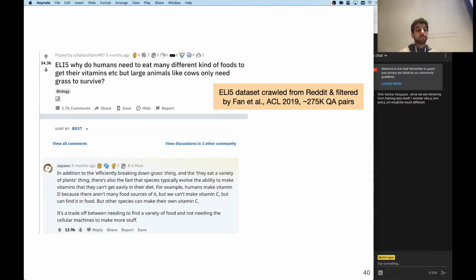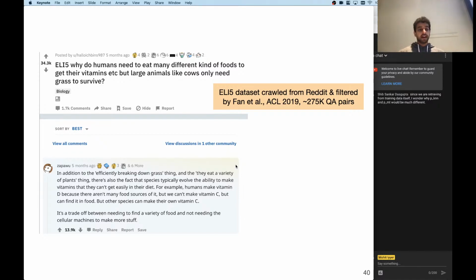There are probably additional facts that you could choose to put in here or take out here. You know, there's this example here. For example, humans make vitamin D because there aren't many food sources of it. That's a specific example that someone could choose to include in their answer, or use a different vitamin as an example, or use a completely different anecdote or something like that.